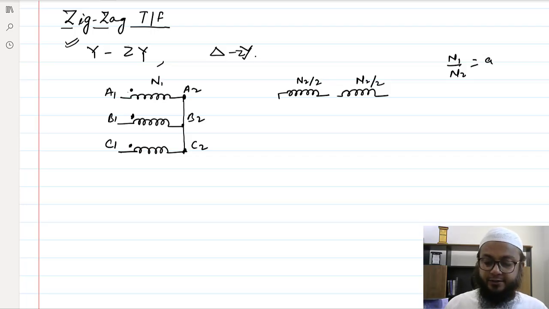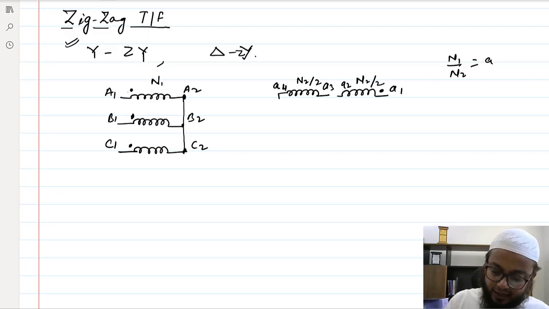And as per our requirement, we can make various combinations out of it. So let's say this is A4 here and A3 here and A1 here and A2 here, and the dots are marked on the odd numbers.